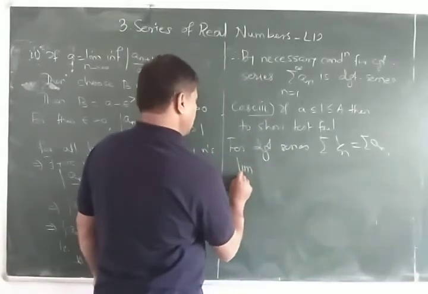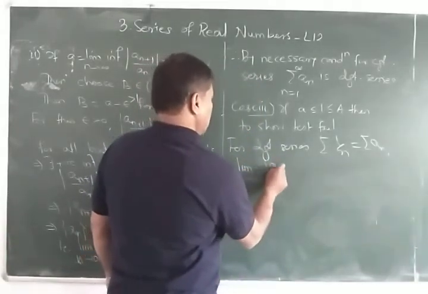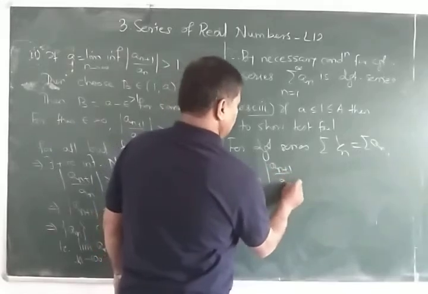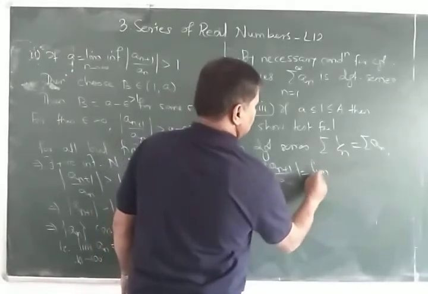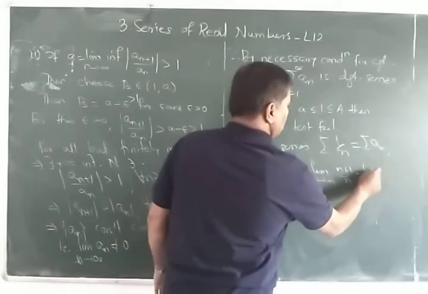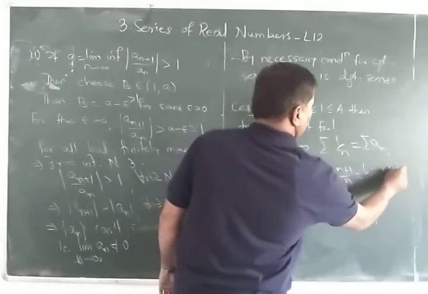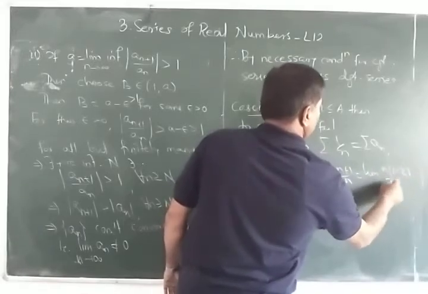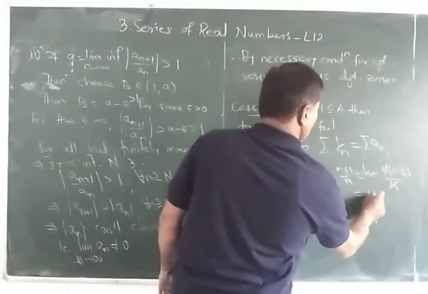Limit n tends to infinity of mod of n plus 1 upon n is equal to limit n tends to infinity of n plus 1 upon n, which is limit of n into 1 plus 1 by n upon n, which is 1 plus 0, that is 1.